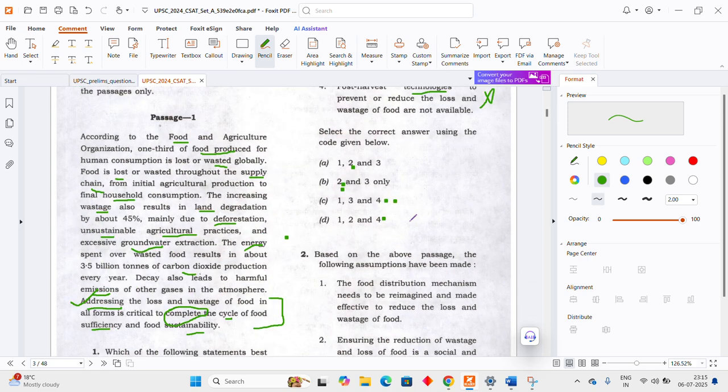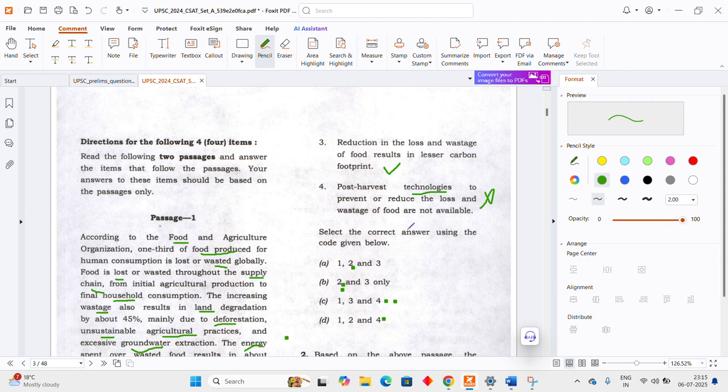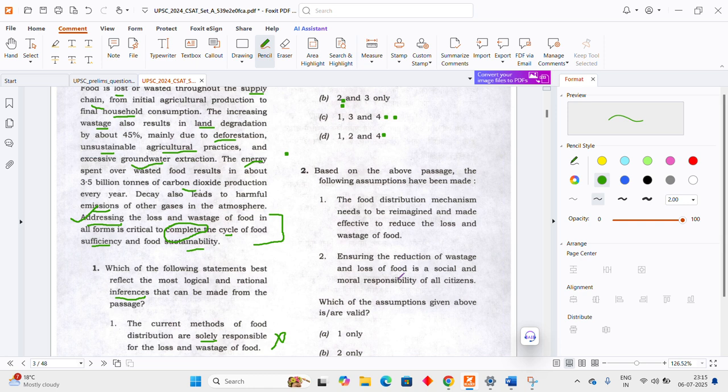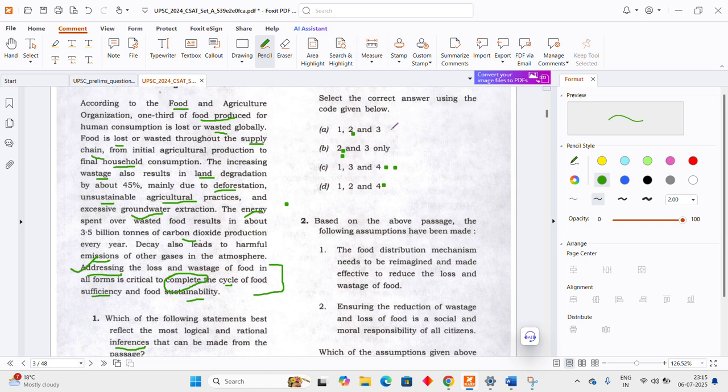I had cut out the first statement. I got confused. But my point was that when you cut these two statements out, sometimes you come to a conclusion where you are cutting all the statements out. Anyhow, here we arrived at statements 2 and 3. And this is the right answer as well.